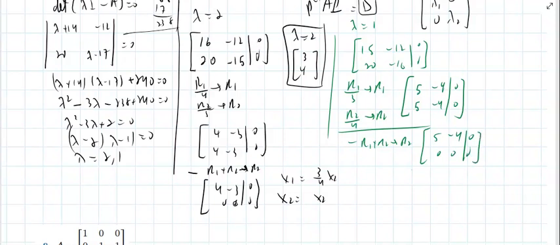So if I say x2 is free, then x1 is 4/5 x2. So for lambda equal 1, I'm getting the vector multiplied by 5. So if you let this be 5, that'll be 4.